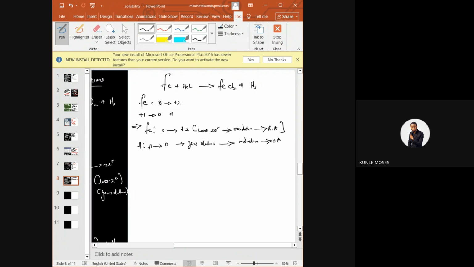So if Fe is losing 2 electrons, it simply means we add 2 to hydrogen so that it can also gain 2 electrons. You get that concept? So instead of having Fe plus HCl giving FeCl2 plus H2, since we are adding 2, this will be for the balancing of atoms. Do we all get it?